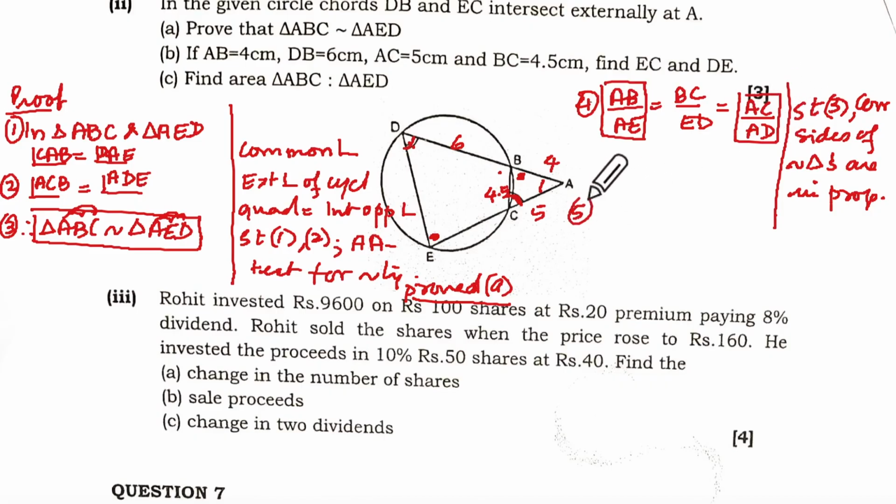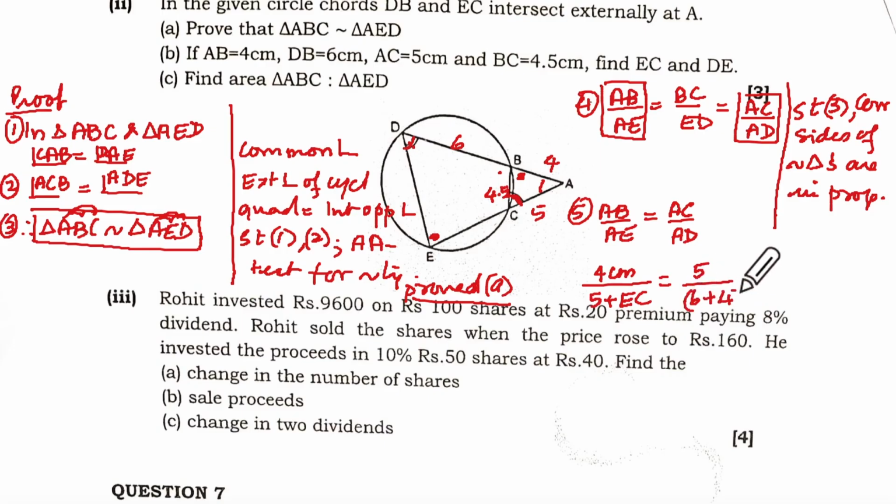So fifth statement we will write AB upon AE equal to AC upon AD. AB is going to be 4 centimeter upon AE is 5 plus EC, correct? Yes, ma'am. Which is equal to AC is 5 and AD is 6 plus 6 plus 4. Okay, I will choose not to write centimeter, so I don't have to write centimeters everywhere.